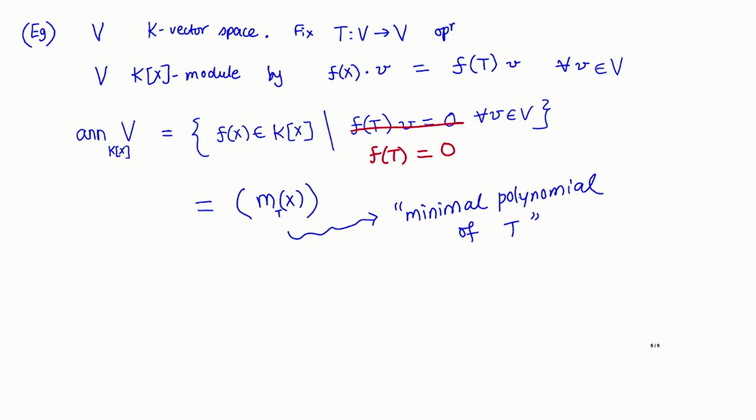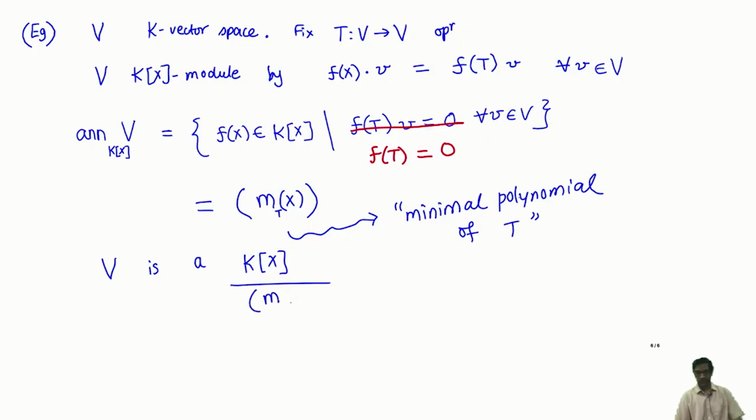So that's the annihilator of V thought of as a k[x] module. In fact, what this implies is that if I make V into a k[x] module using my operator T, then it's more than just a k[x] module. V is actually a module over k[x] modulo any ideal which is contained in the annihilator.